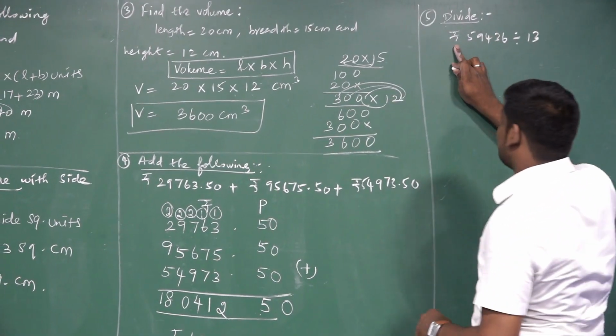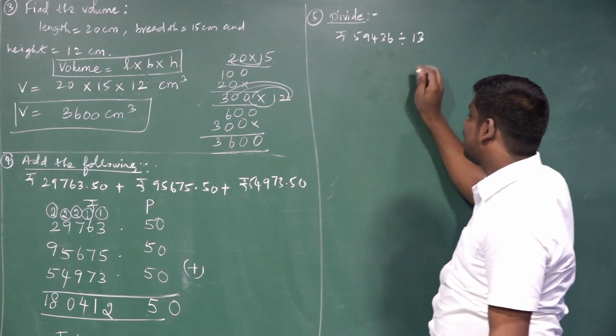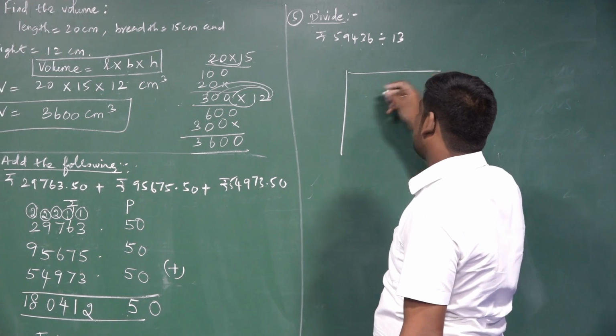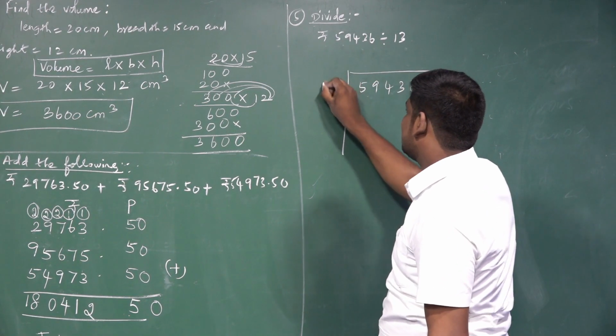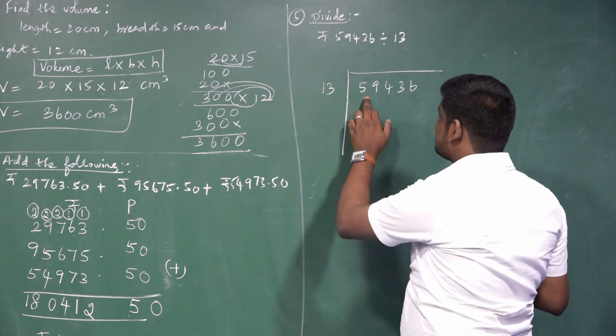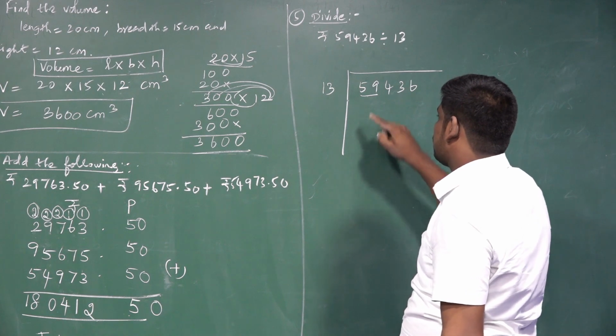Divide. Rupees 59,436 divided by 13. Already we know very well the 13th table. See 13. 5 is not divisible by 13, so we consider the first 2 digits.